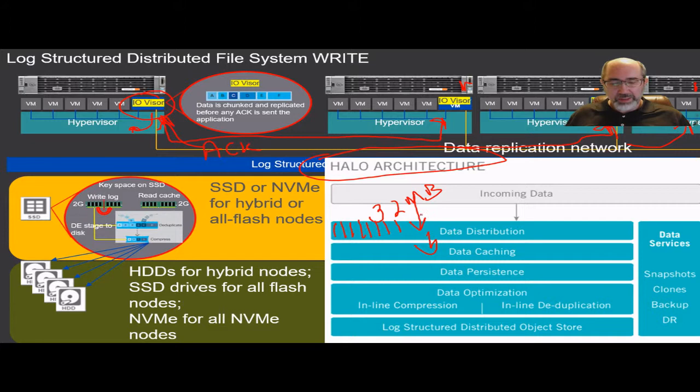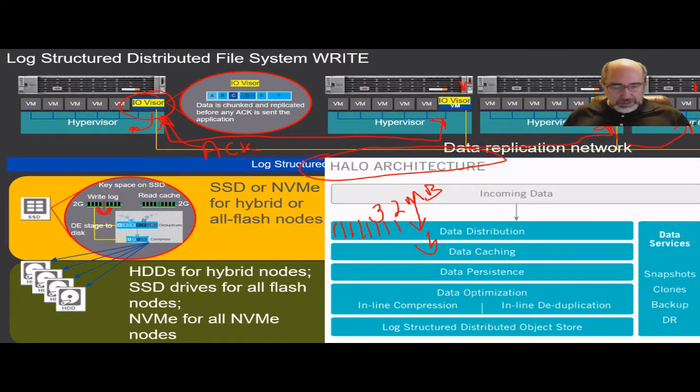So that's when the acknowledgement happens. Depending on whether you're using RF2 or RF3, that determines how many of these nodes get a specific chunk of data. And I'll go into that in more detail in another slide.